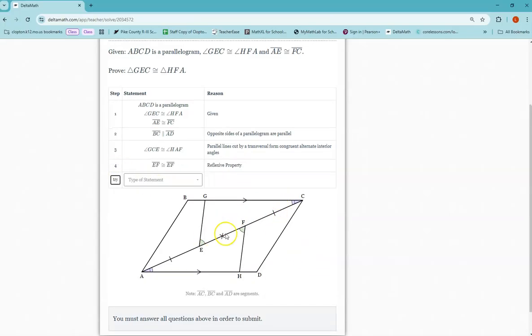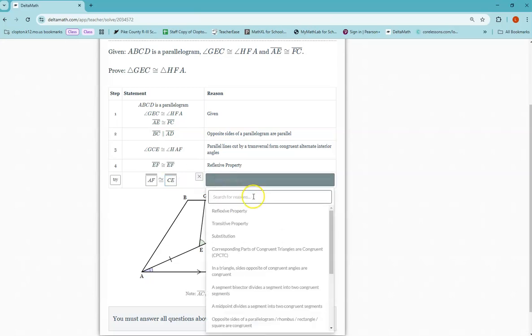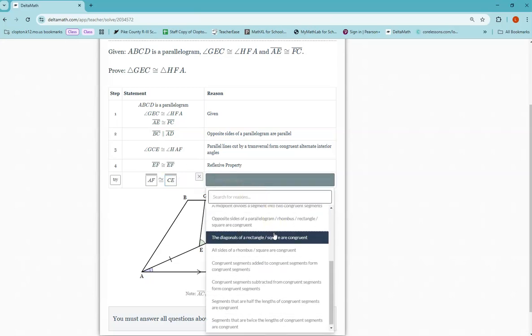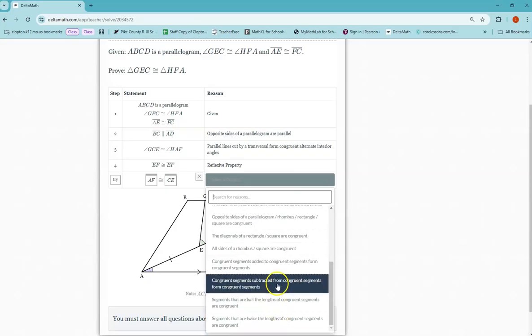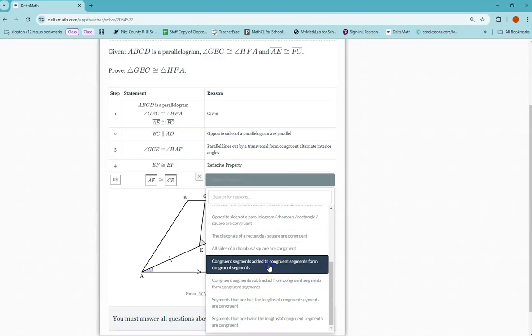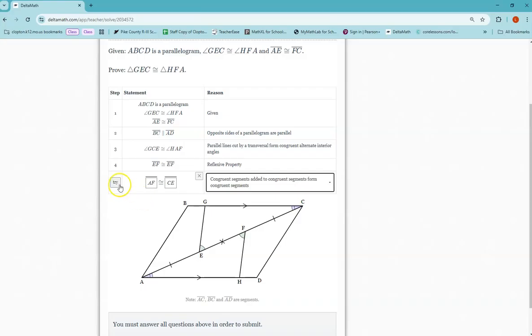So we can talk about these two sides being congruent added to a congruent side will give you a congruent side. So we're going to talk about AF and CE being congruent, those line segments. So AF, CE. This is where we have to find the right thing. So segments added to congruent segments form congruent segments.